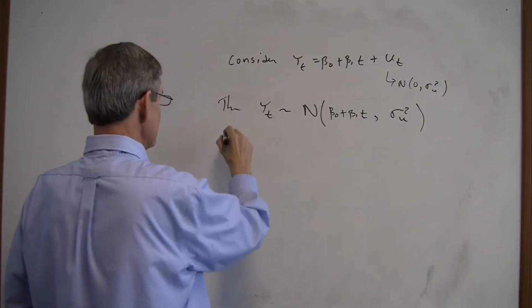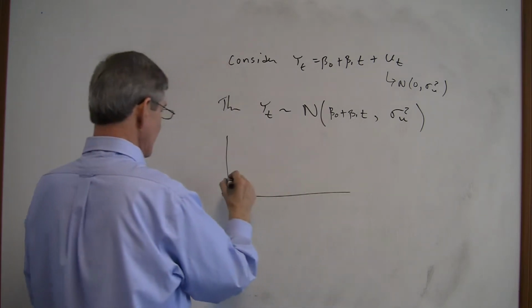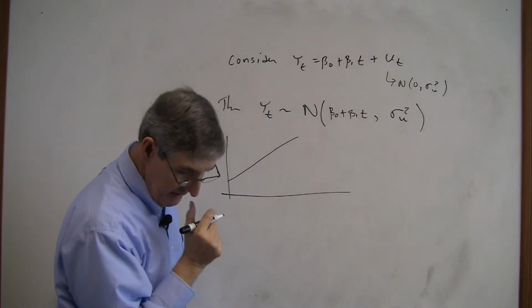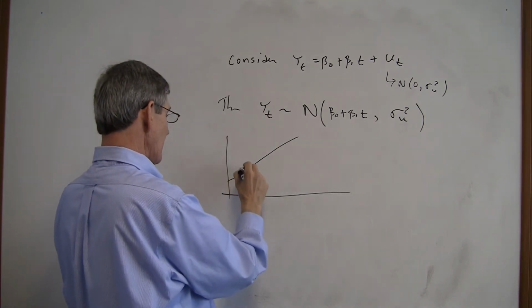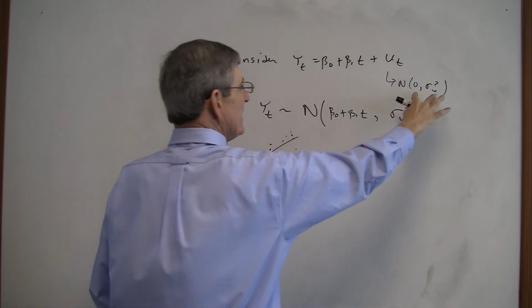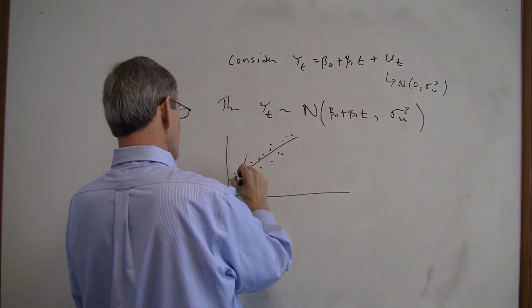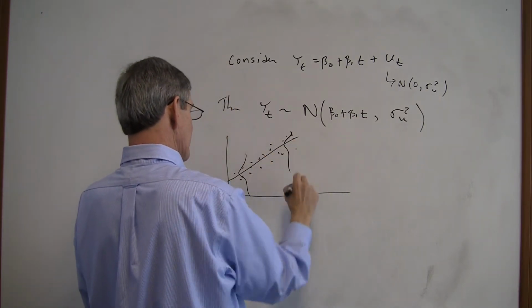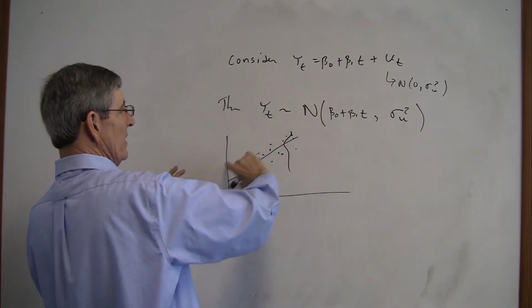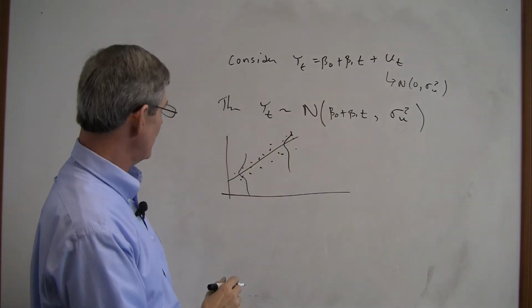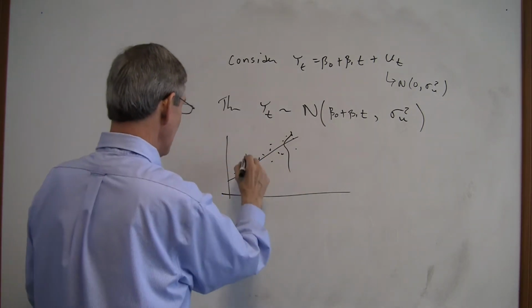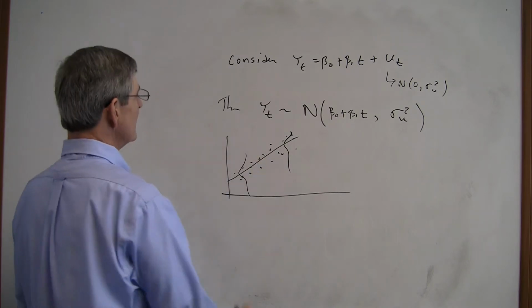The picture of this is an upward trend, beta naught plus beta 1t, with data scattered all around it due to ut. And what this means is that the distribution of these things looks exactly the same at every point along this line. So there's no heteroscedasticity. These are supposed to be normal distributions of the errors at some point, like here.